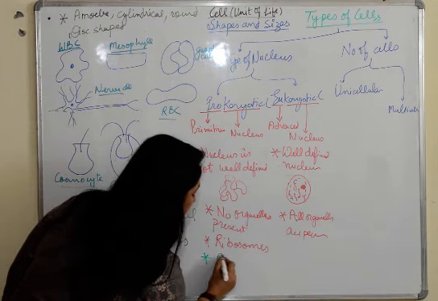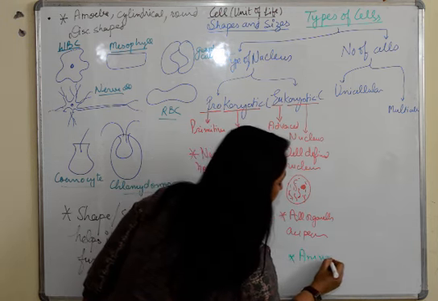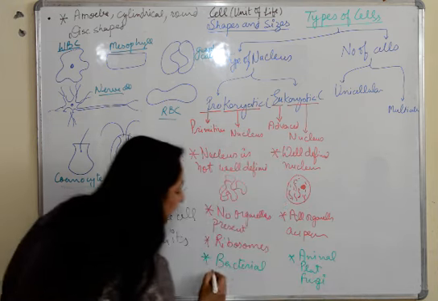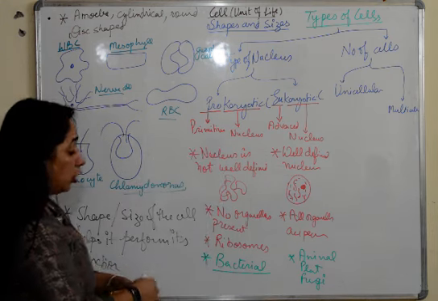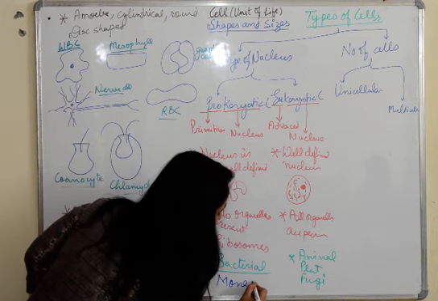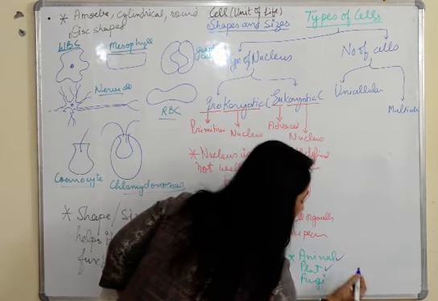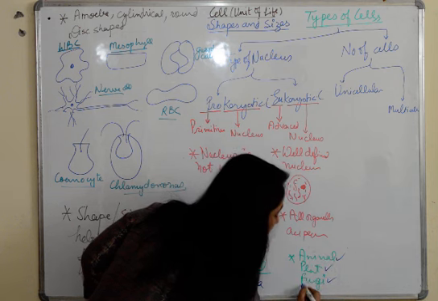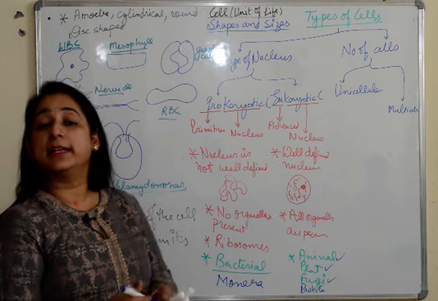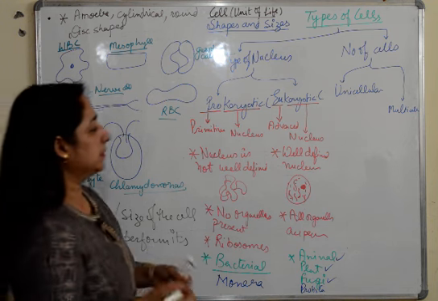Prokaryotic, the example is bacterial cell, different types. Eukaryotic examples are animal, plant, fungus cells. So bacterial cells means they belong to monerans. So out of all the 5 kingdoms, Monera belongs to prokaryotes, whereas kingdom Animalia, kingdom Plantae, kingdom Fungi, and also Protista, they have eukaryotic cell type. So these are prokaryotic and eukaryotic cells and their major differences.